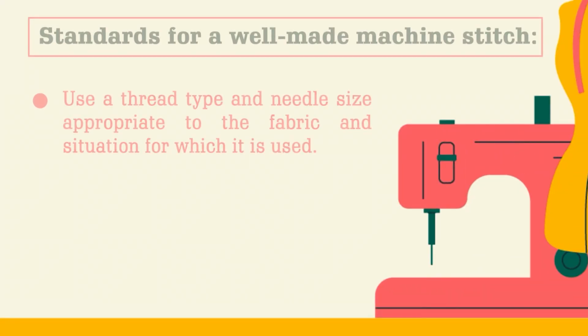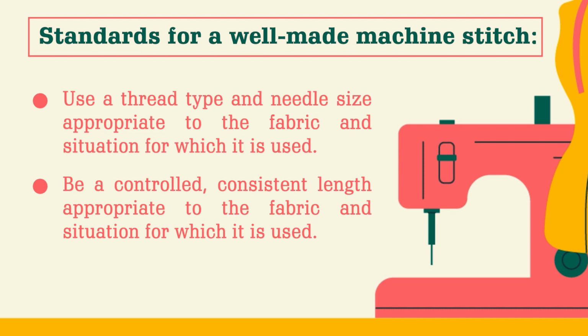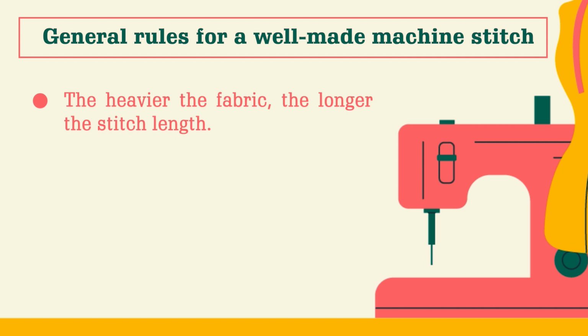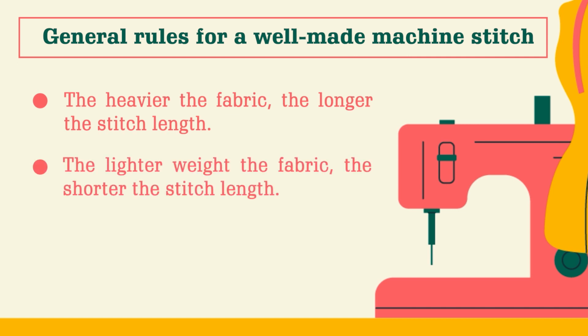Then a well-constructed machine stitch would be controlled, it will have a consistent length which is appropriate to the fabric and situation for which it is used. So as a general rule, the heavier the fabric, the longer would be the stitch. The lightweight the fabric is, the shorter would be the stitch length.